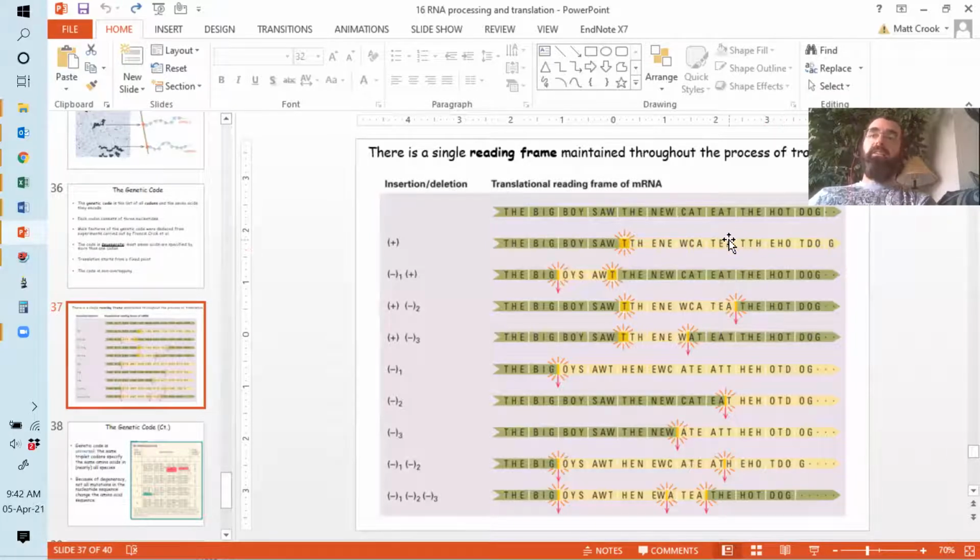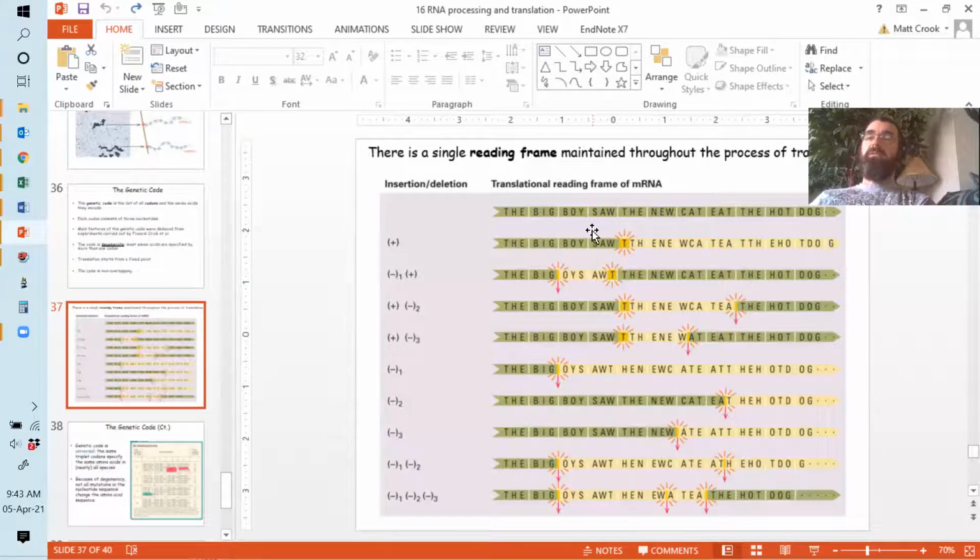But the second consequence is that this new frame is not normally translated, and so it may have in here, in fact almost certainly will have at some point, a stop codon.